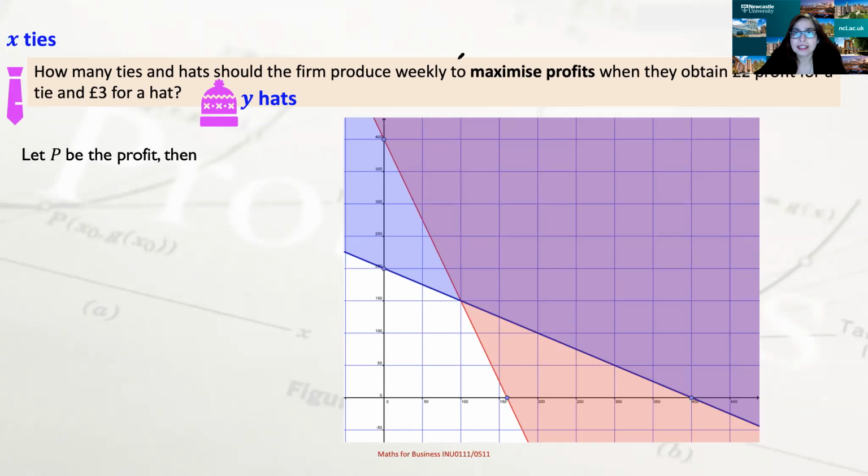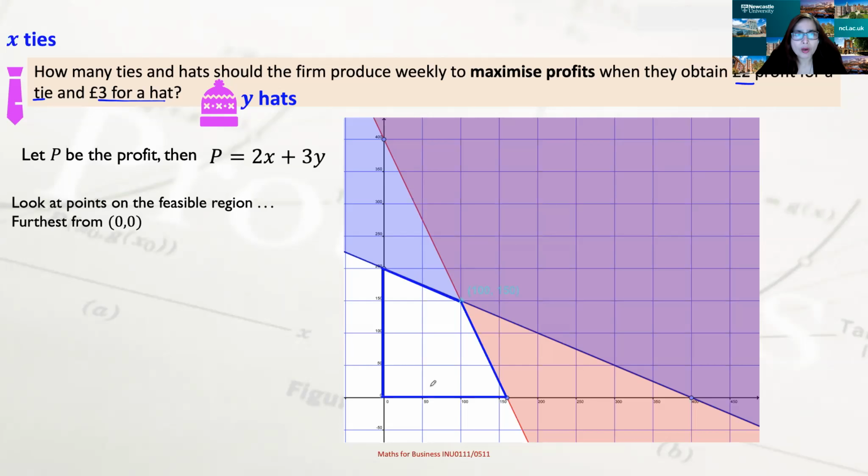And then that would mean that P is equal to 2 times the number of ties, that is x, plus 3 times the number of hats. So that will be a new equation for profit. Yes, so that is your objective function. Okay, that's what you're looking for, maximizing the profit.